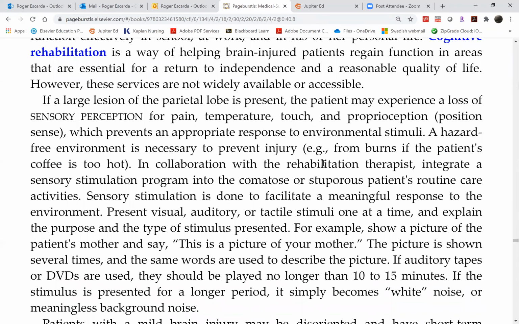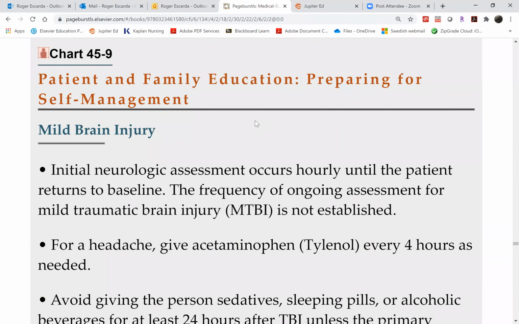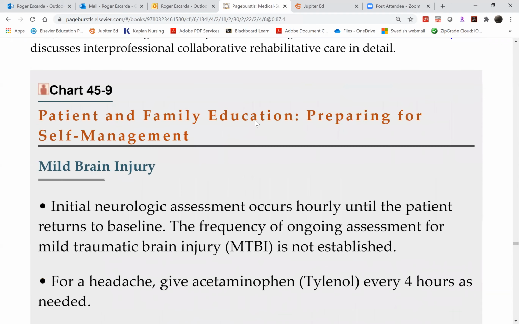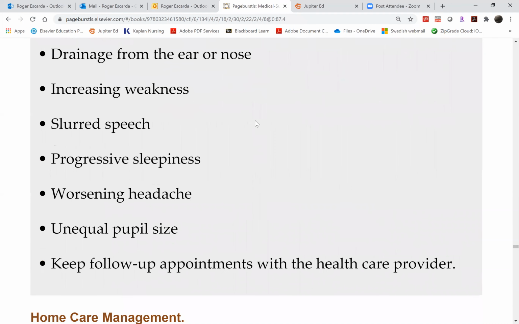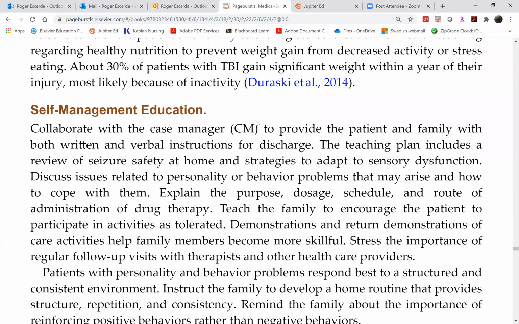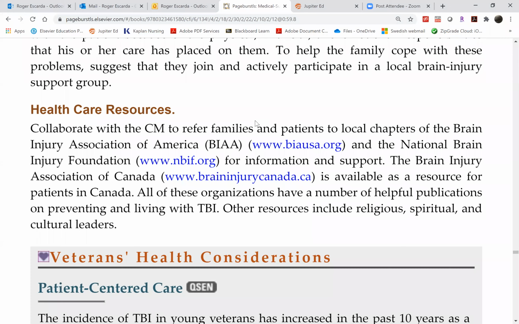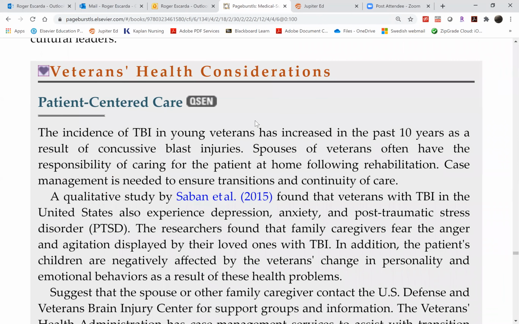Now the surgery here is, and we already discussed this chart earlier, right? The surgery is under brain tumor.